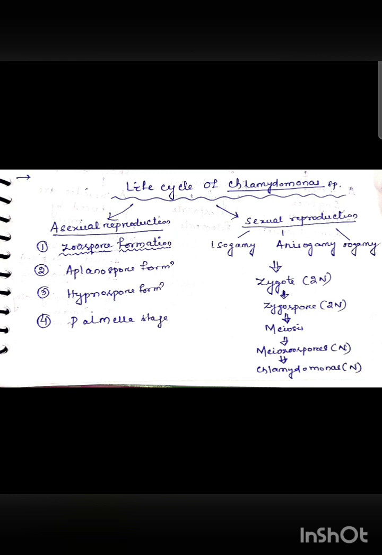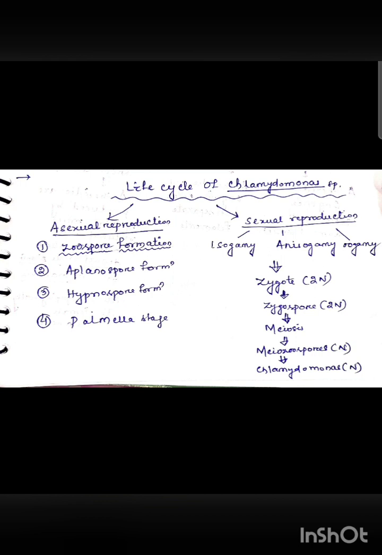Then sexual reproduction by isogamy. The fusing gametes are similar in size, form, structure. They may be homothallic or heterothallic species. Homothallic means the gametes which are to be fused are biflagellate and come from the same parent.